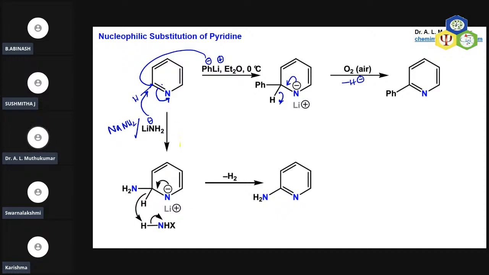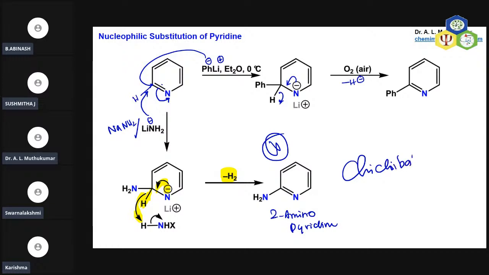Now, once this anion is formed, this electron will be coming here, and this carbon-hydrogen bond, this hydride will be leaving as H minus and takes up one more proton from another amide, and it will be removed as hydrogen, and you will get 2-aminopyridine as a product. This is a very famous, well-known reaction, known as the Chichibabin reaction. You might have studied it in your BSc or MSc itself. Well-known reaction, so this also can be asked.